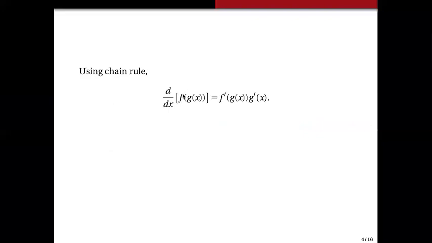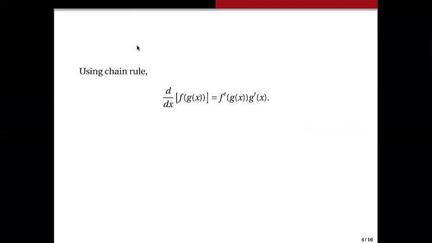Recall from the chain rule, if you have the composition function f of g of x and you take the derivative, you will end up with f prime of g of x times g prime of x. That's your chain rule.